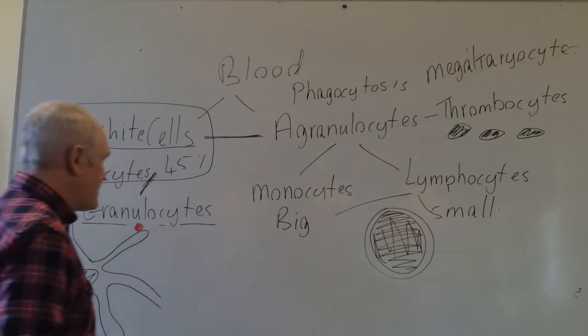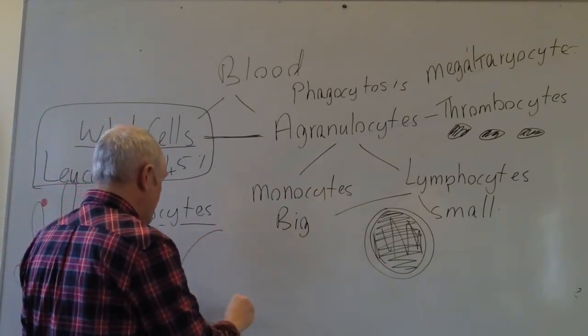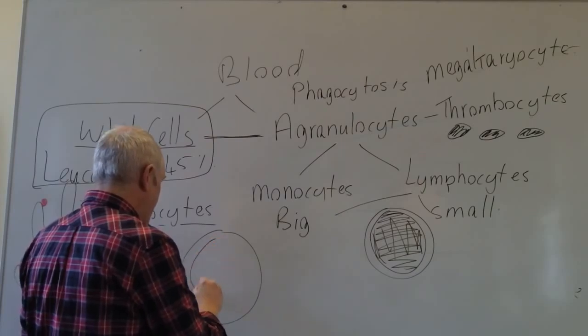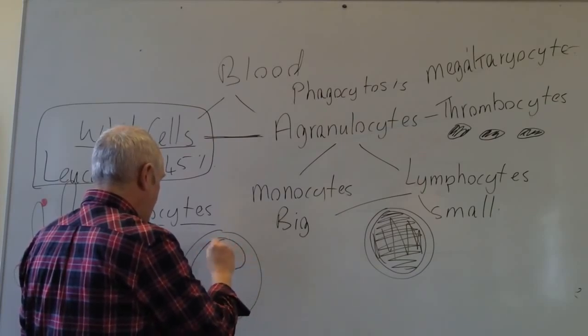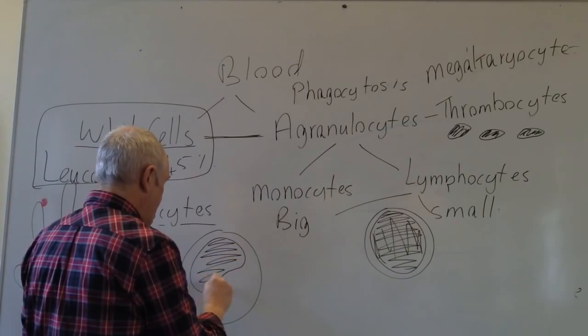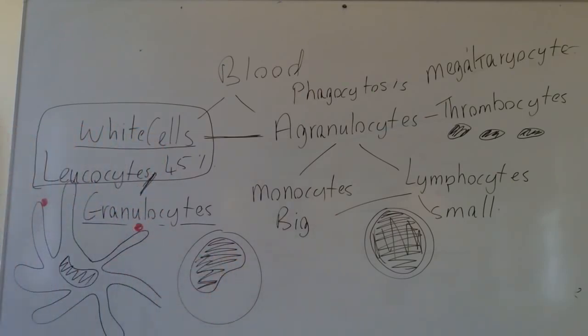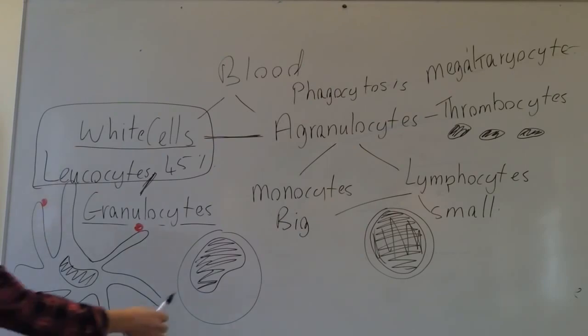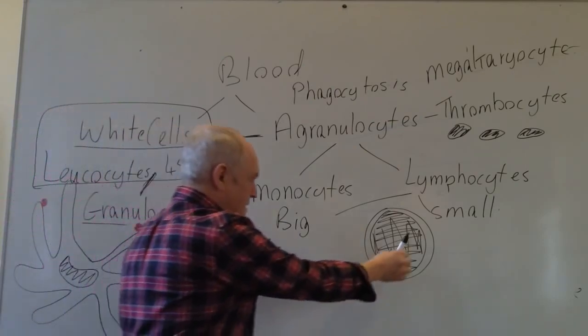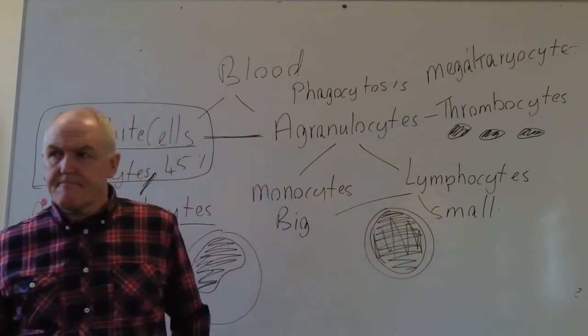The big lymphocytes also have a biggish nucleus, but not as big in proportion to the cell as the small lymphocytes. So that's a big one, that's a big lymphocyte, that's a small lymphocyte.